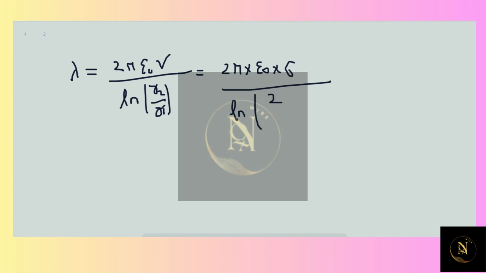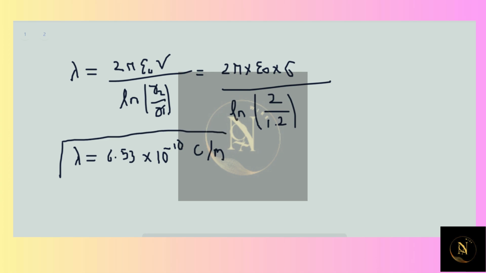R2 is given to be 2 divided by 1.2, and if I find this, my lambda comes out to be 6.53 times 10 raised to negative 10 coulomb per meter. So this is the charge per unit length for this cylindrical capacitor. So this is the answer for the first part of the problem.